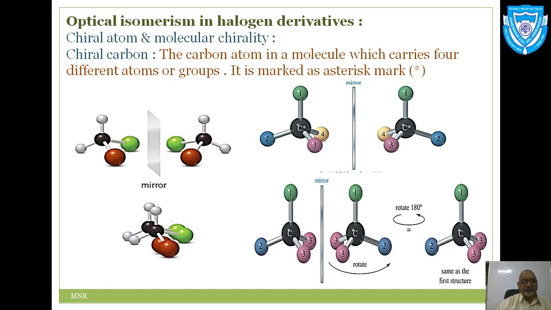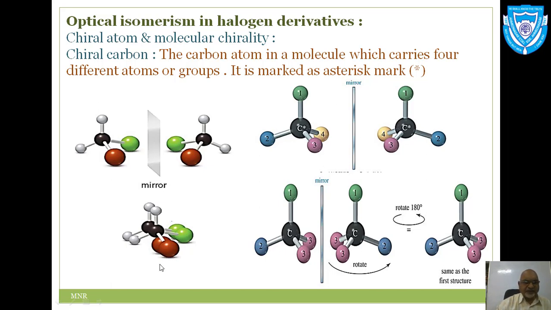In these 2 structures, 2 substituents are the same, and that's why this is achiral. But if you see here, all these 4 have different colors. So in short, they are different atoms, so they are asymmetric carbon atoms. So it is a chiral carbon atom.